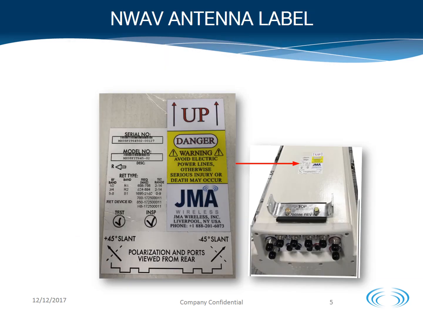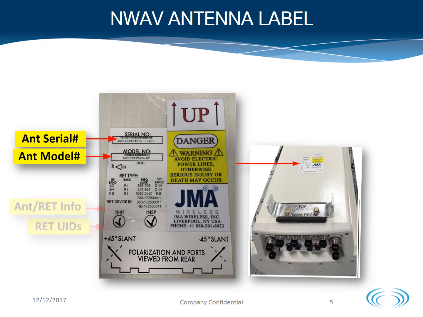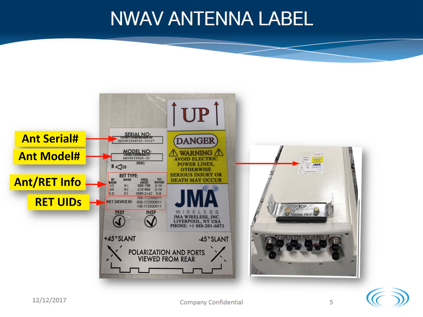NWAV antenna label. Antenna serial number and antenna model number are shown at the top, and the antenna information regarding band of operation and port number, as well as the RET information showing the tilt ranges and the RET unique IDs, are also provided on the label. Keeping good records of the antenna label is critical to identify where each of the antennas are mounted per position and sector.